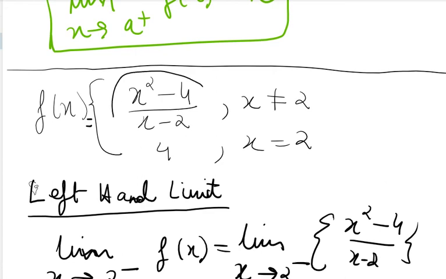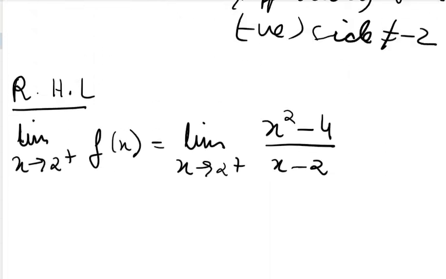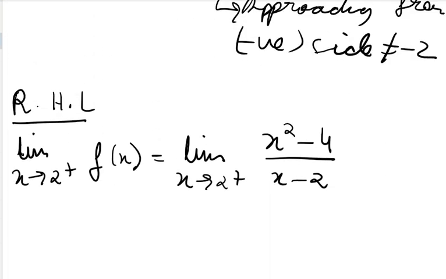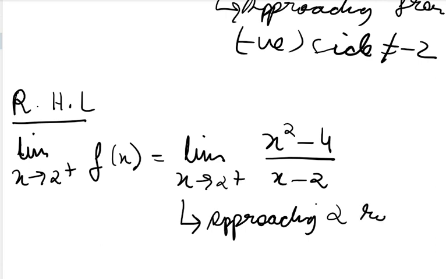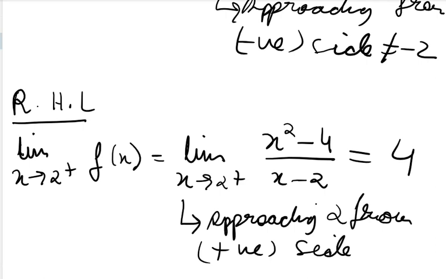Okay, now why did I take this part of the function? Because again it's not equal to 2, because it's approaching 2 from the right hand side. This means approaching 2 from the positive side. So similarly, what is the answer of this? 4. Okay, so very simple actually, nothing so difficult in this limit.